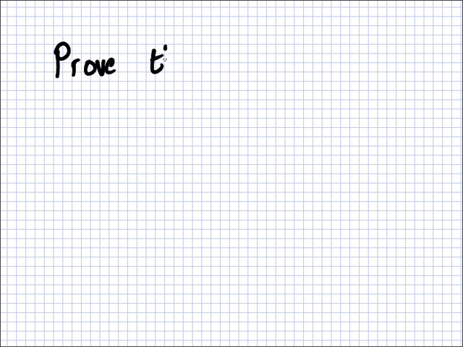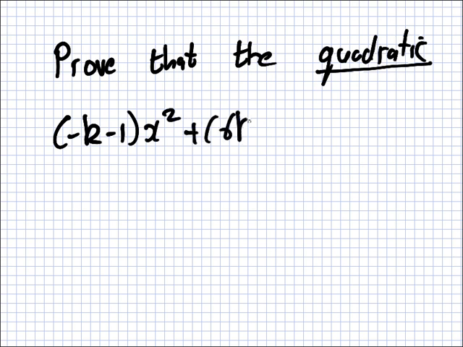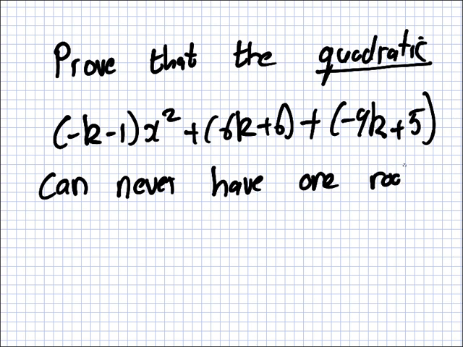Prove that the quadratic, that's actually important, the quadratic minus k minus 1 x squared plus 6k plus 6 plus minus k plus 5 can never have one root.